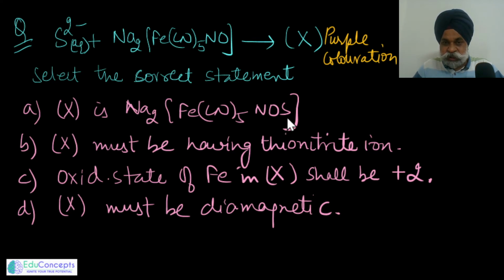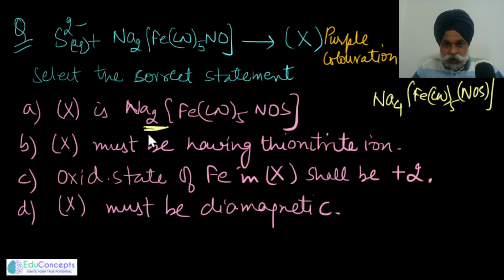I think this is a wrong statement, because when sulfide ion gets attached to NO, the formula becomes Na4[Fe(CN)5NOS]. Generally people will take this as correct, but here it is wrong. So you need to be a little vigilant.